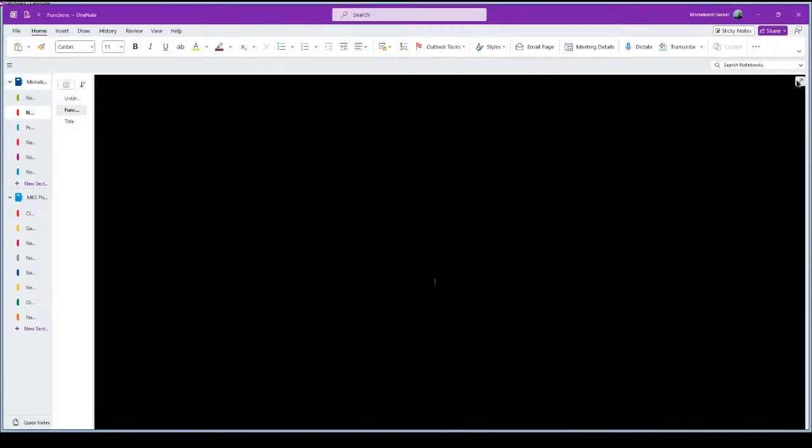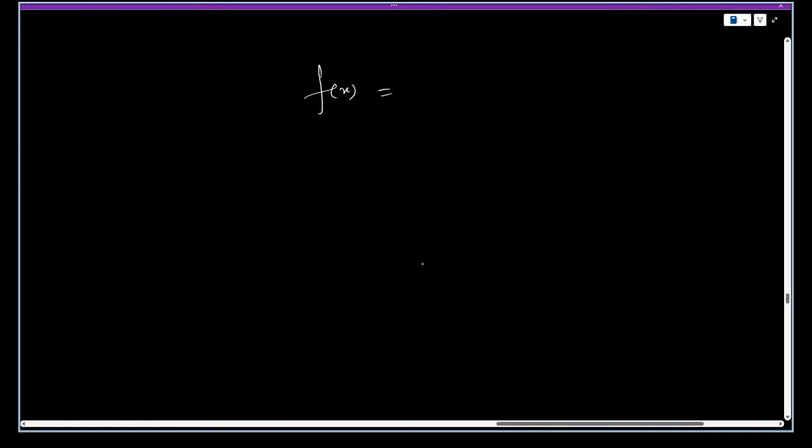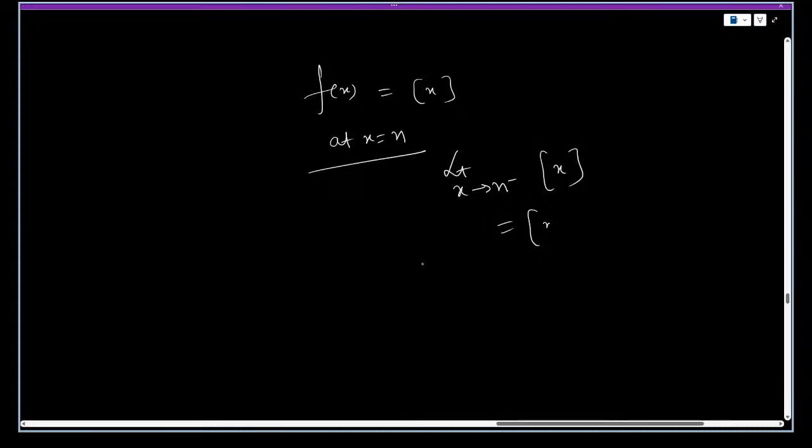Let us do that sum, f(x) equal to modulo x at x equal to n. You find left hand limit, x tending to n minus, modulo x. This n minus is just smaller than n, so we will be taking n minus 1 over there, as n is an integer.